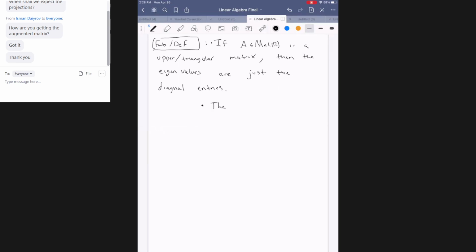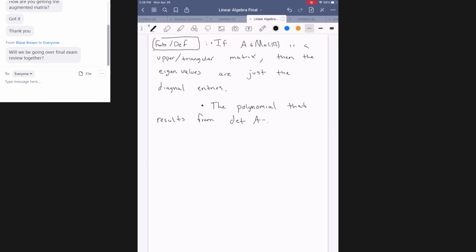The polynomial that results from the determinant of A minus lambda I is called the characteristic polynomial. Okay.